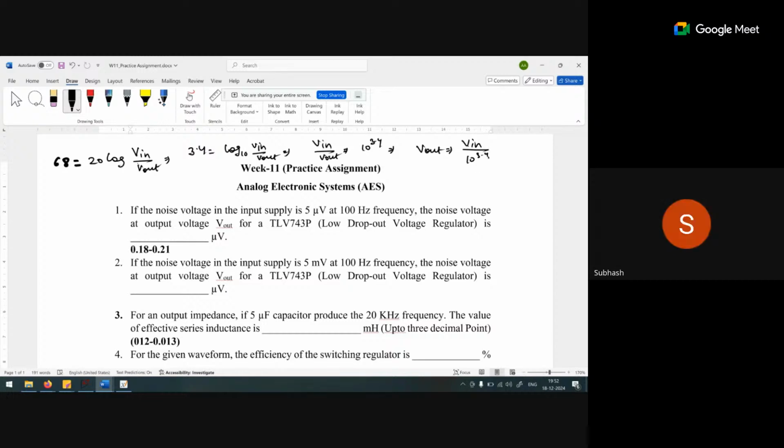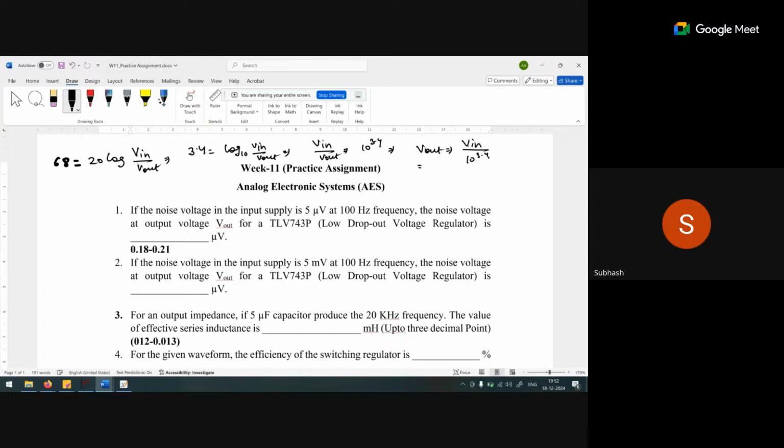Sir, in the exam they will give these values, the PSRR value and all? Yeah, if there is a question in the exam, it will be given. You just check it when you are giving the exam. Sir, I don't remember the PSRR being explained. Does it come under S parameters?